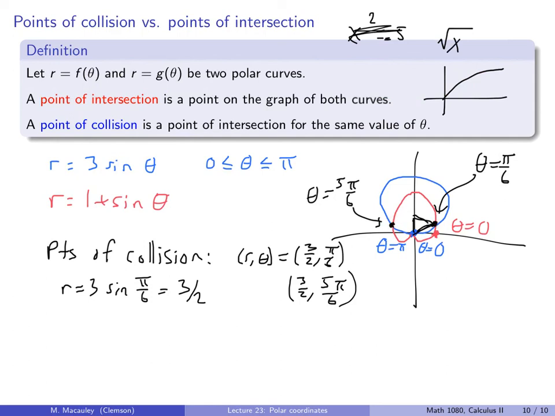Now there's one more point of intersection of these two graphs, and it's the origin. However, our blue ant is at the origin at theta, or time, equals 0 and equals pi, whereas our red ant is at the origin at theta equals 3 pi over 2.